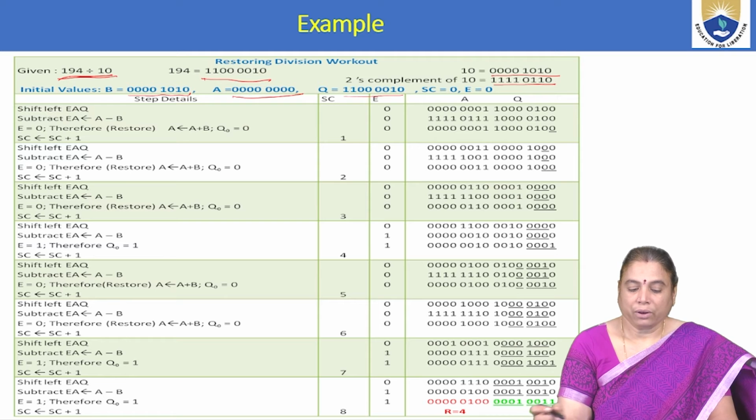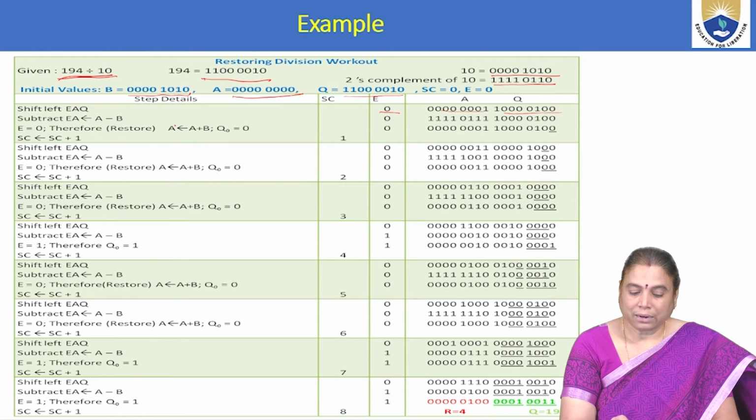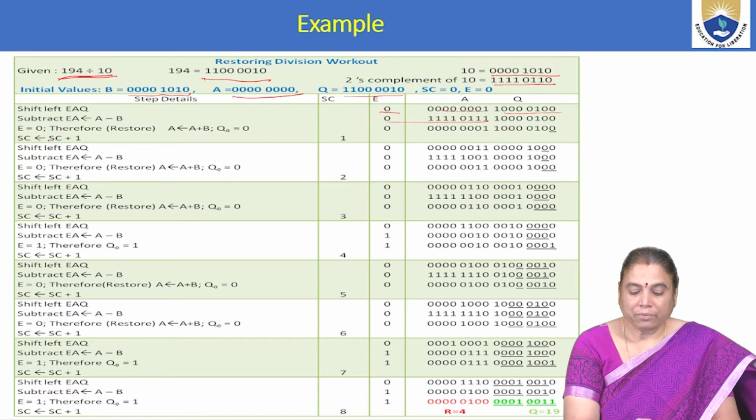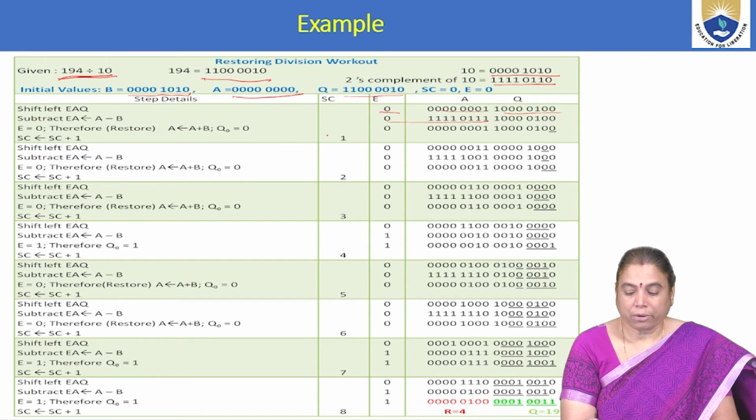So first we have to perform the shift left EAQ. So the E value, A value and Q value are considered and a shift left operation is performed. In the second step, the A minus B operation is performed and the result is stored in E and A. And we compare the E value, whether it is 0 or 1.